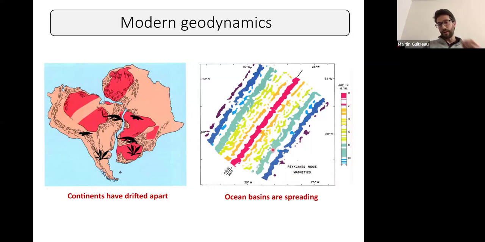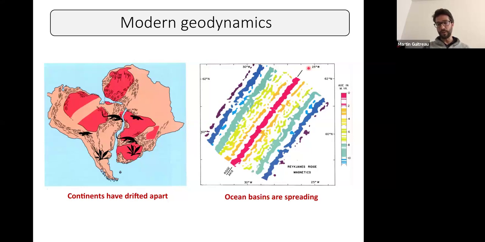Following this, more likely in the 50s, magnetic campaigns were done in the oceans to map the ocean floor, and people realized that there was a symmetry across the ridge axis.